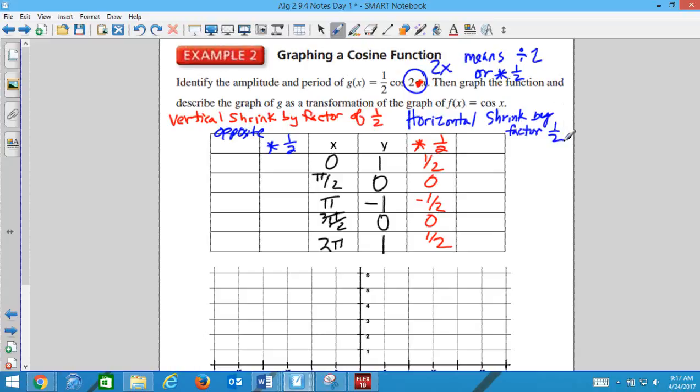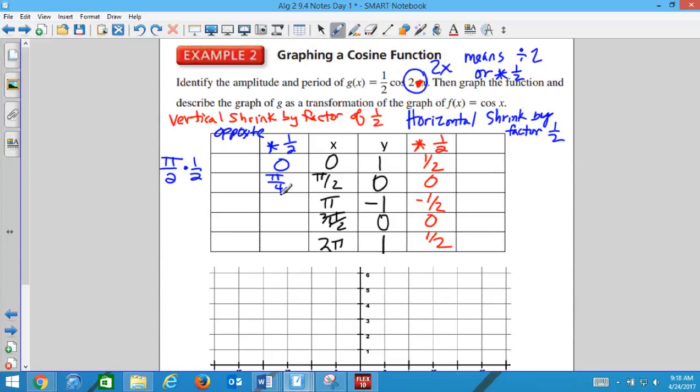Okay, so I showed you that before. When we have a horizontal shrink, you're going to shrink it horizontally. That means there's going to be more of these ups and downs in the same distance that there was before. All right, so I'm going to take each of my x's and multiply by half. So 0. And then when I take pi over 2, and I'm just going to do this off to the side so you can see the work, I multiply that by a half, multiply straight across, I get pi over 4.